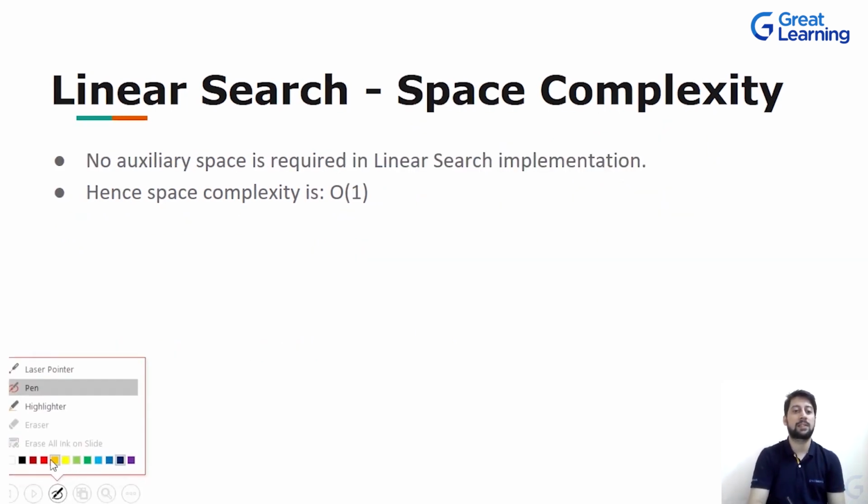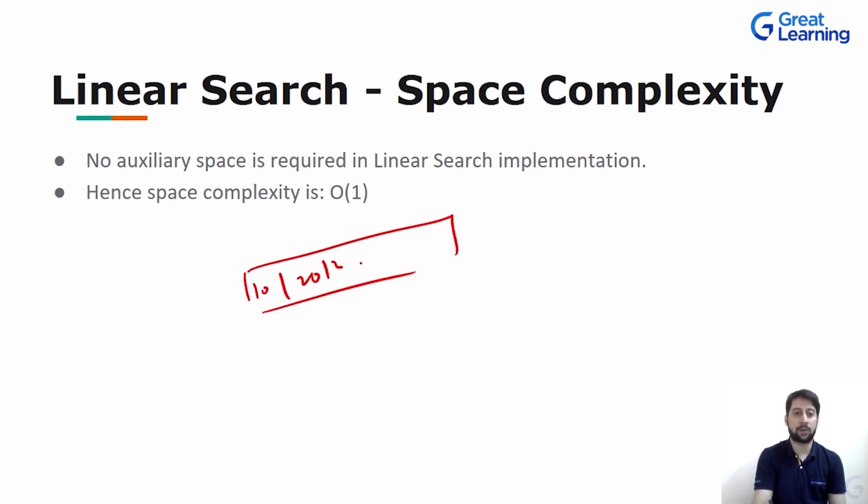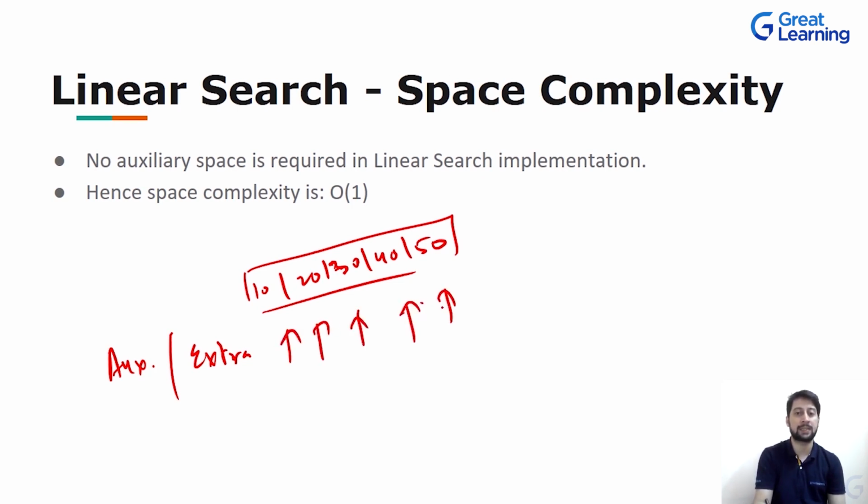Now let's talk about the space complexity of linear search. When we are trying to find the element in the array 10, 20, 30, 40 and 50, we were not using any extra memory, that is, any auxiliary memory. We were just looping over these elements one by one, on the same array that we were given.